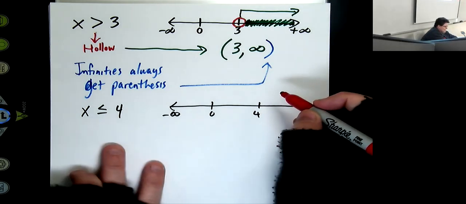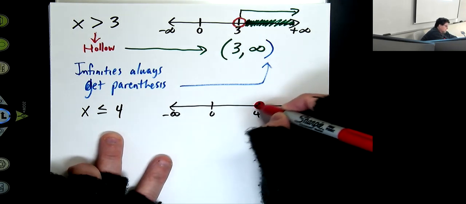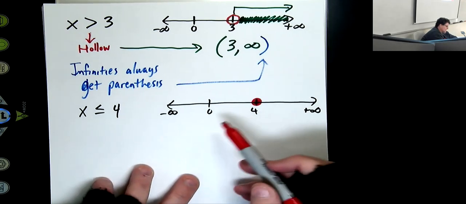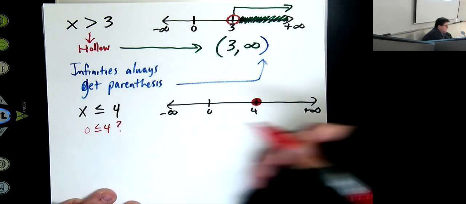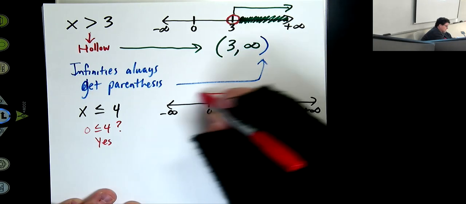So I have a less than or equal sign on the 4, so I'm going to put a solid dot on the 4. And then just check, is 0 less than or equal to 4? Yes. So I'm going to point my arrow towards the 0.